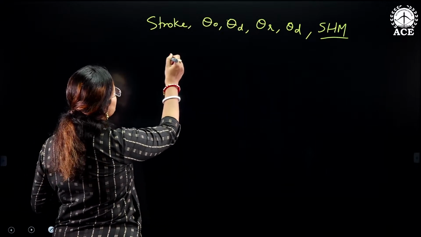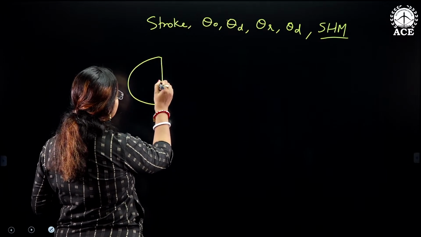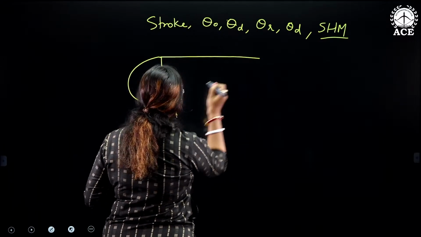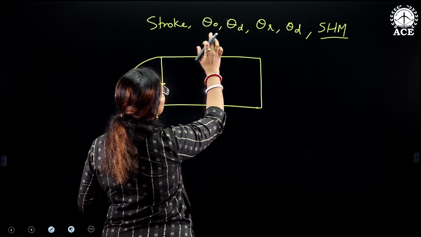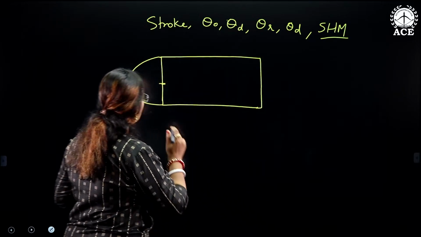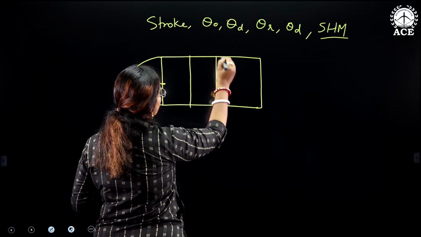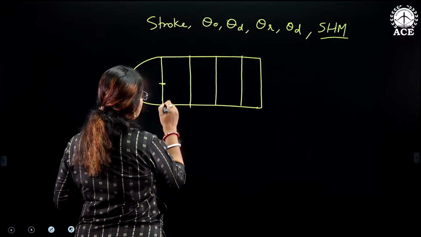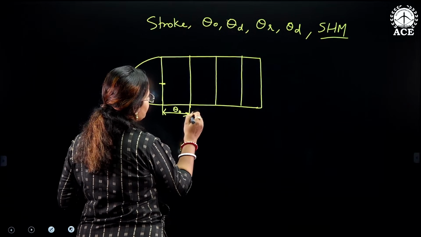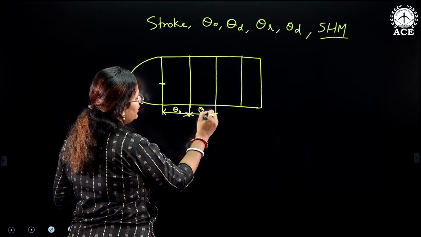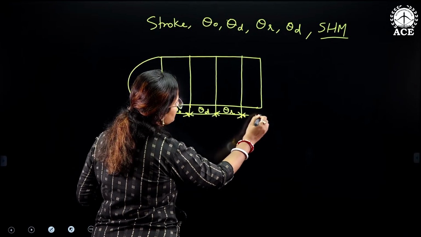So let us say first we draw the displacement diagram accordingly. This length is going to be the total length, the summation of theta naught, theta d, theta r and theta d, right? Then we divide it into 4 individual parts: this being theta naught, this is theta d, theta r, and this is again theta d.